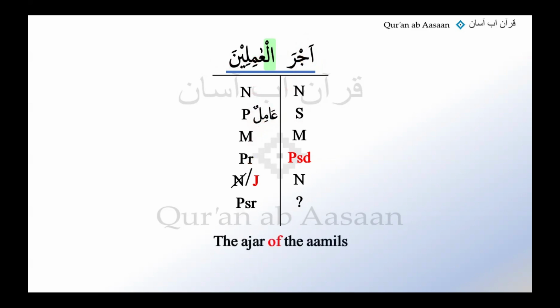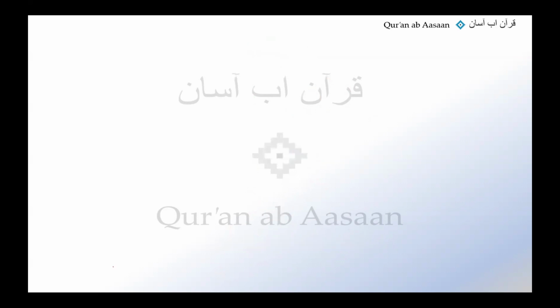That's how we translate it. Ajr is actually the reward, and amil, you know the word amal. Amal is the action. Amil is the one who does the action. So the one who does the work, who does the action. So the reward of the workers. That's the translation here. Alhamdulillah. Now let's do this one.